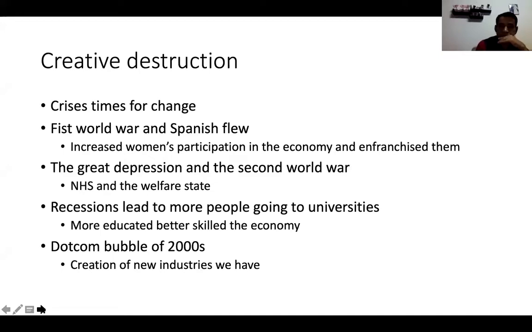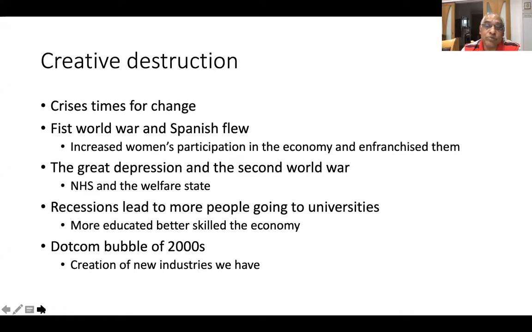Crises have been times for change. In the UK, after the First World War and the Spanish flu, there was increased women's participation in the economy, and they were enfranchised.